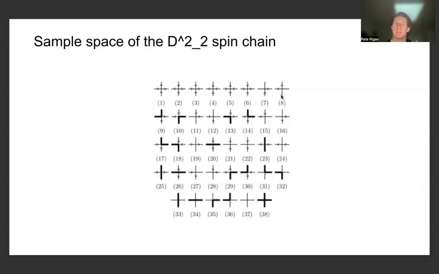This spin chain with 38 possible configurations in its sample space gives us a pretty broad ensemble and possibilities for different conformations that enzymes or other biophysical systems can assume when interacting with DNA or RNA.